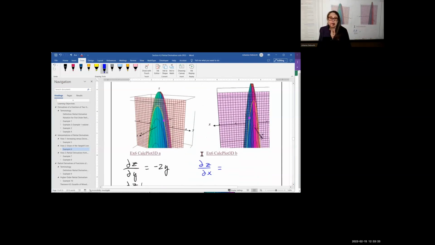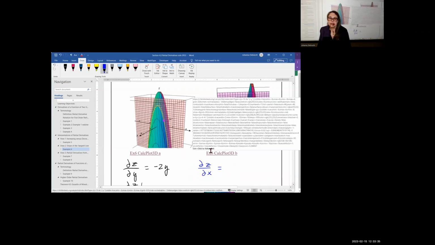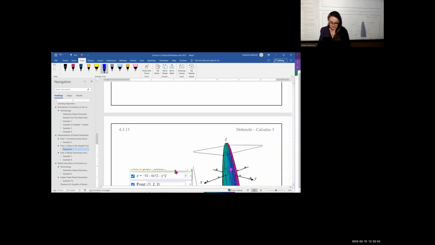Hello? Somebody turn on your microphone. I'm not hearing anybody. Or you can type it into the chat window if you can't figure out how to turn on your audio. What is the derivative of the function with respect to x?